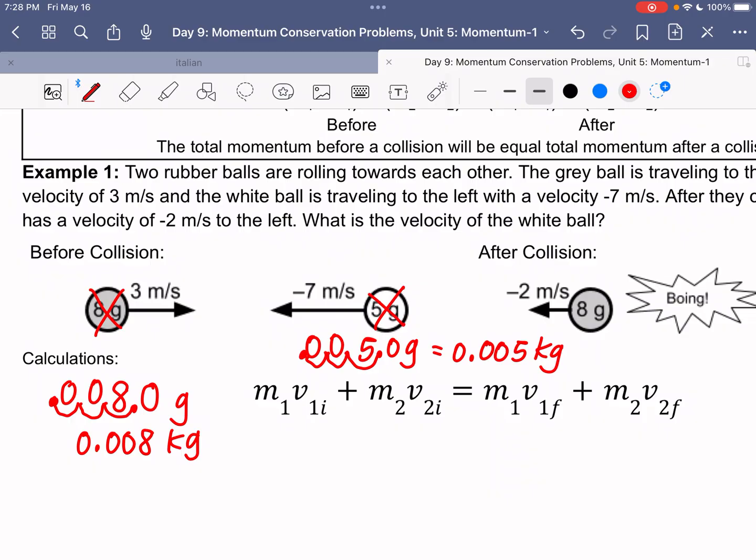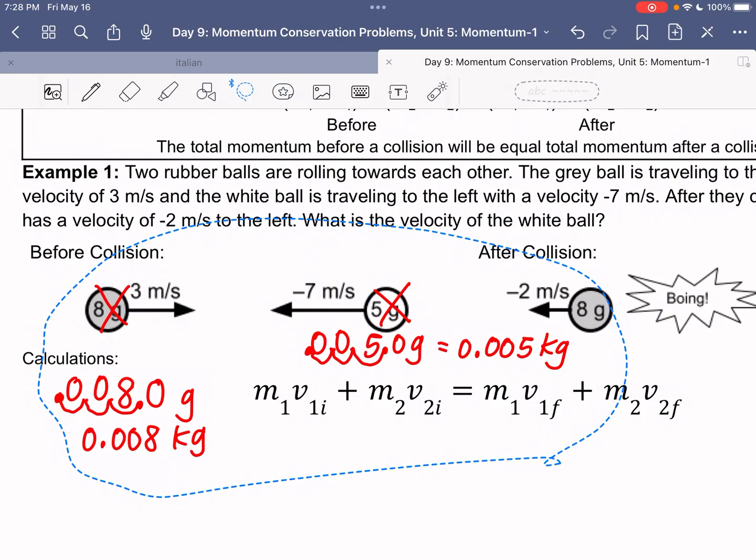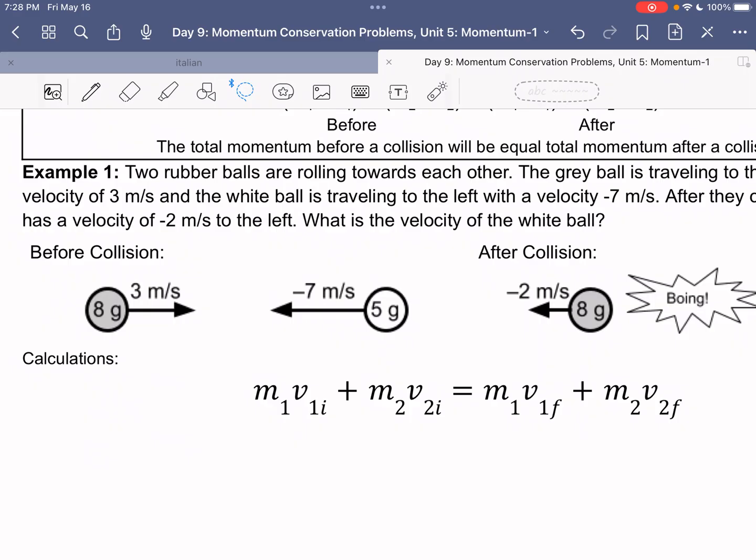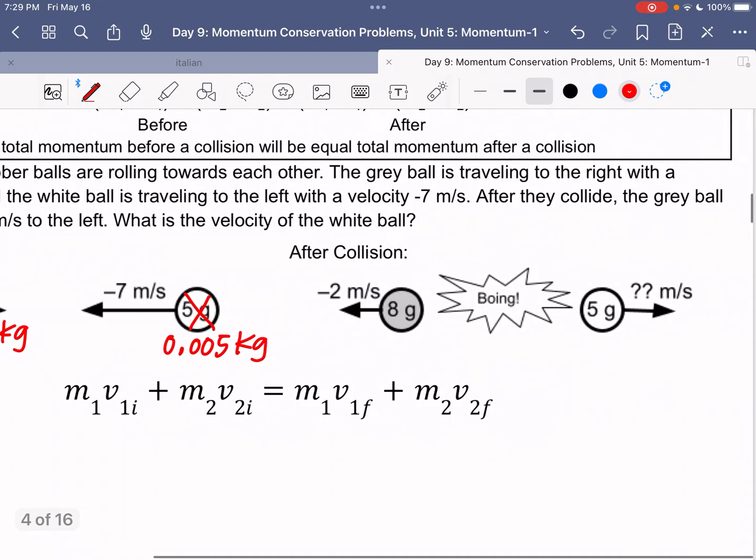How many grams in a kilogram? She's a little slow. She said 1,000, right? So that's how we convert. So now let's go back. So this is 0.008 kilograms. This is 0.005 kilograms. Same thing on this side.